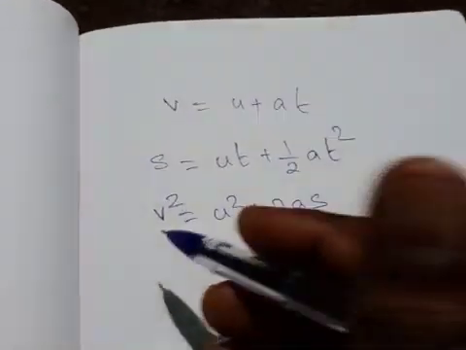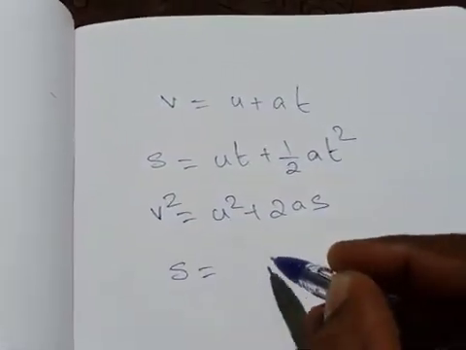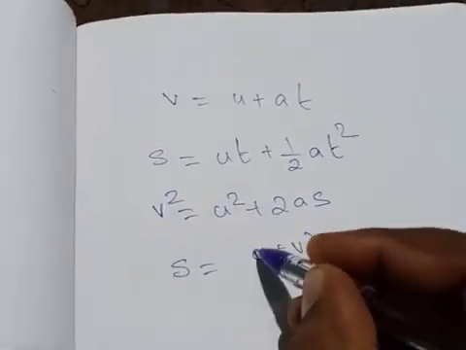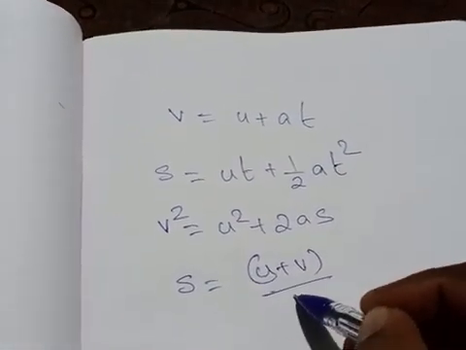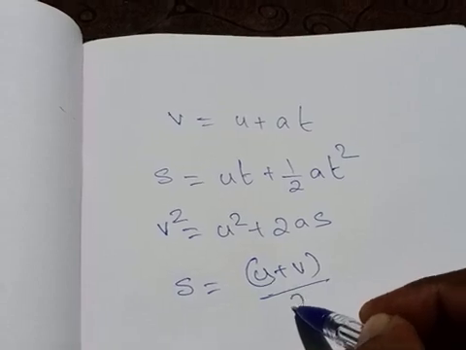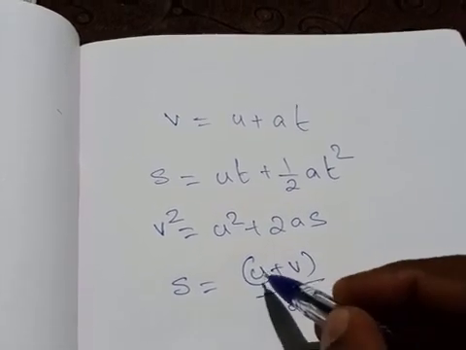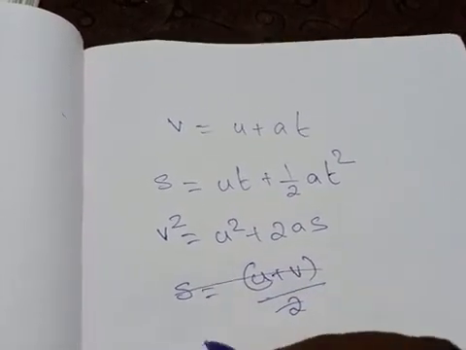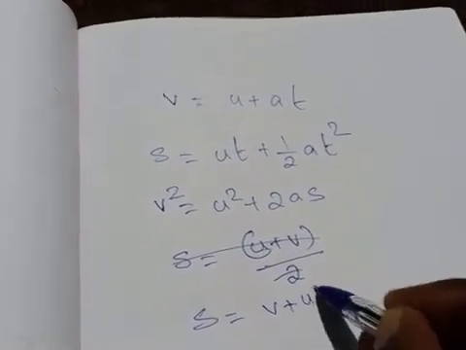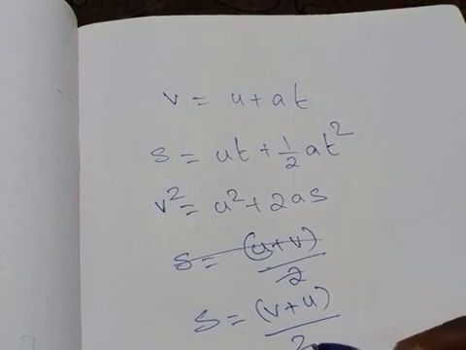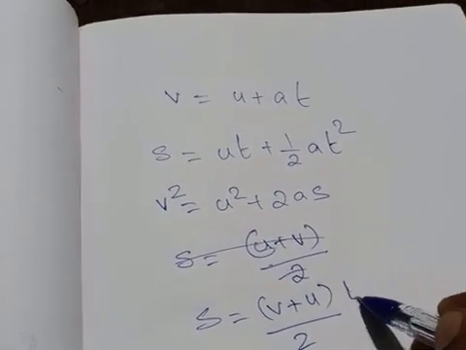And the last equation is S is equal to (U plus V) divided by 2, so you can use S is equal to (V plus U) by 2 into T.